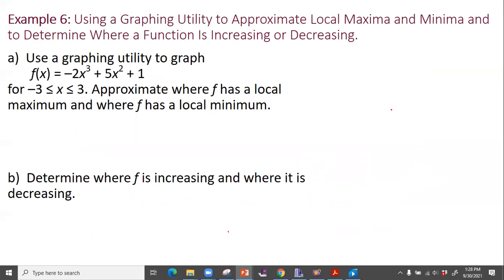To find your max and min, you use second trace, and then decide whether you're looking for the minimum or the maximum. And then from there, calculate over the rest.